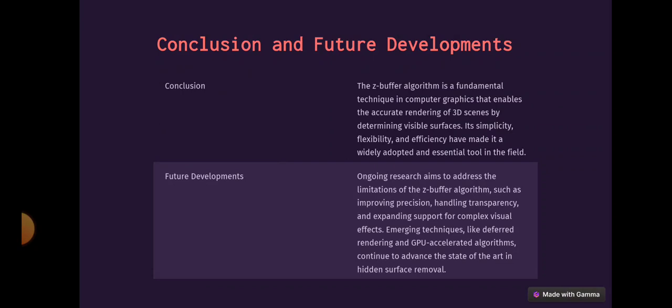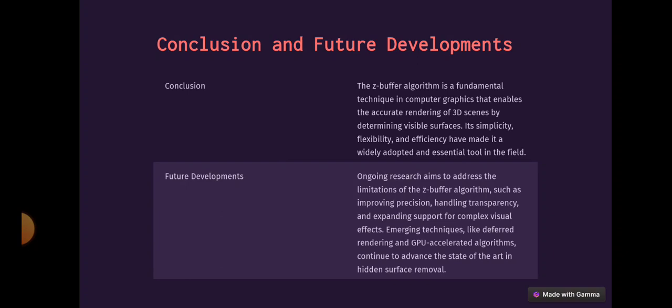Ongoing research aims to address the limitations of the Z buffer algorithm, such as improving precision, handling transparency, and expanding support for complex visual effects. Emerging techniques like deferred rendering and GPU accelerated algorithms continue to advance the state of the art in hidden surface removal.